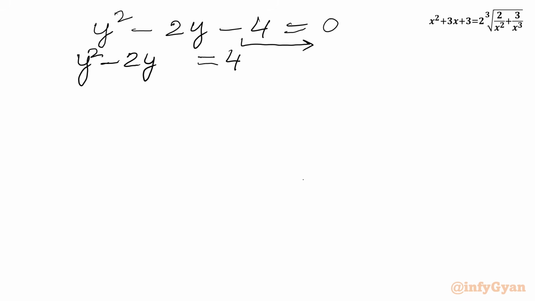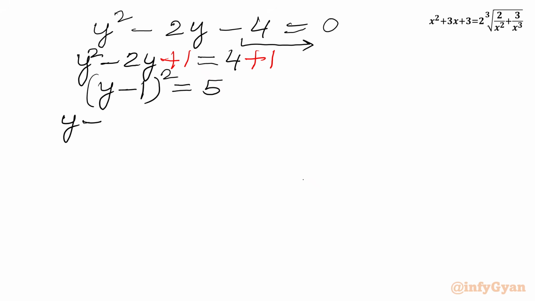I will use the completing the square method. So I need to add 1 to both sides. Now the left-hand side is the perfect square of (y - 1) and the right-hand side is 5. We'll take the square root on both sides and get y - 1 = ±√5. By adding 1 to both sides, we will get 1 ± √5.